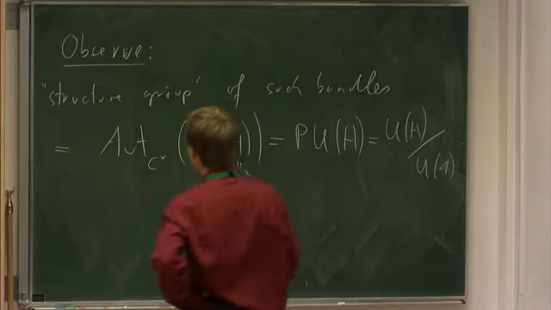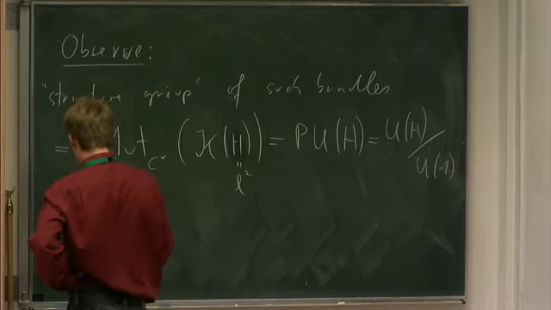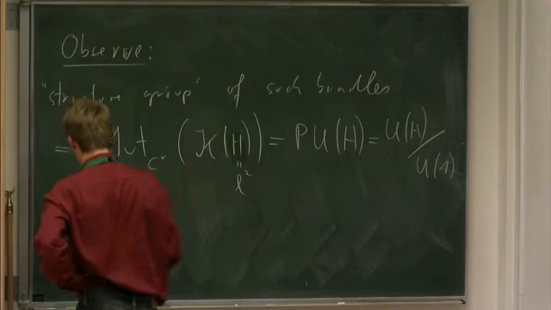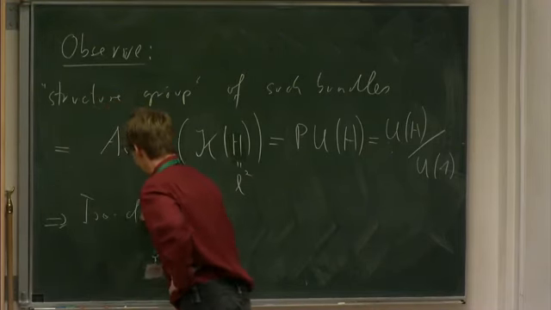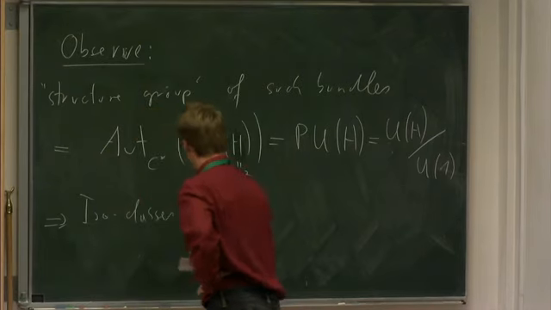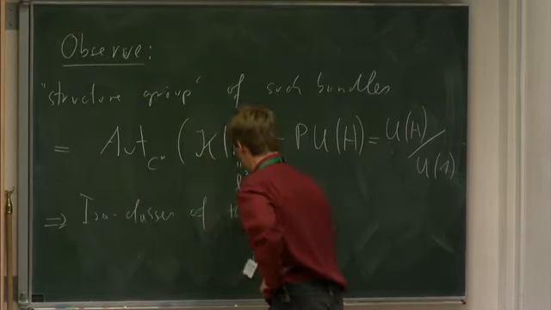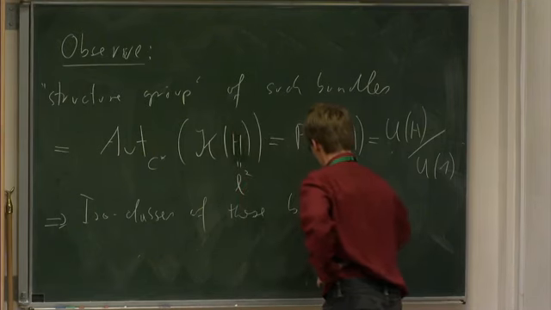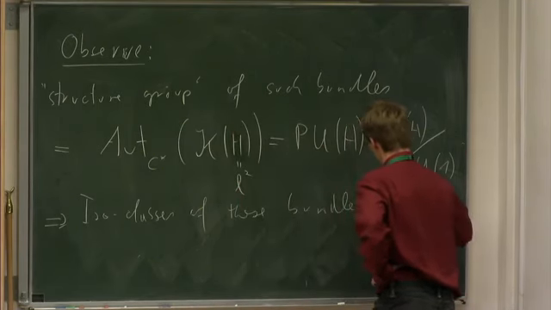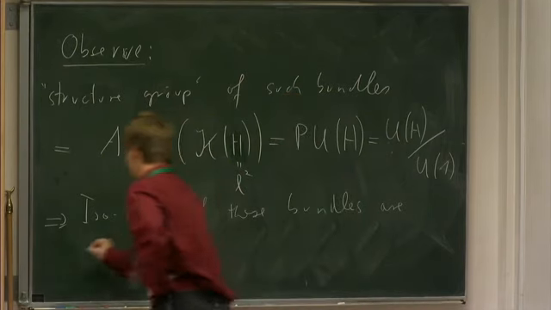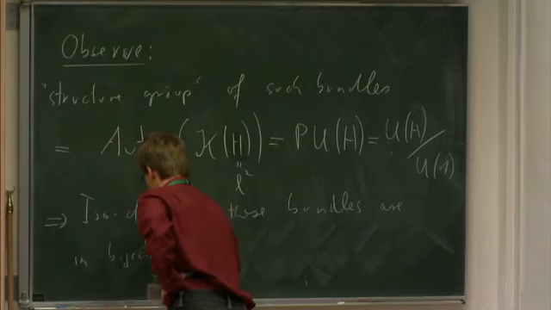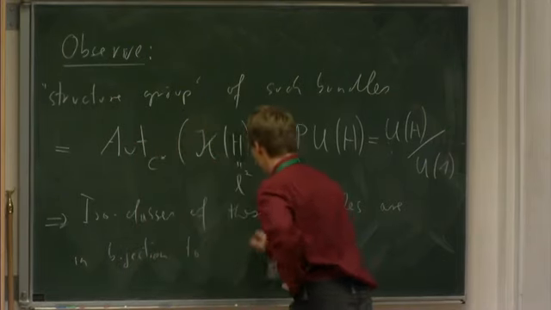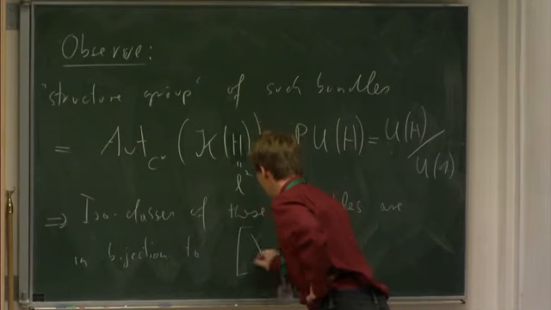From that, you can get that isomorphism classes of these bundles are in bijection to homotopy classes of maps from the space.